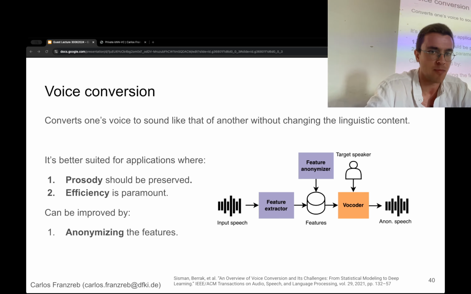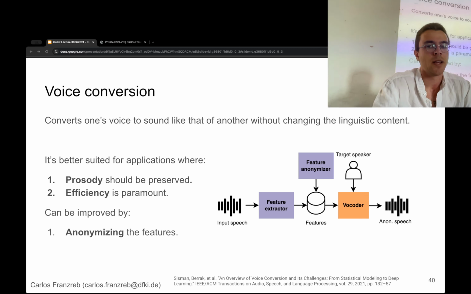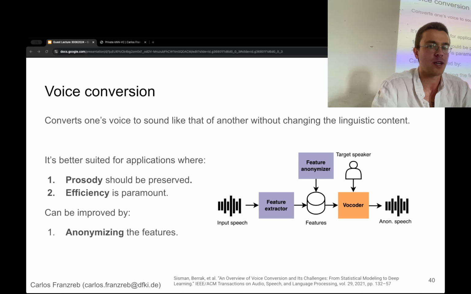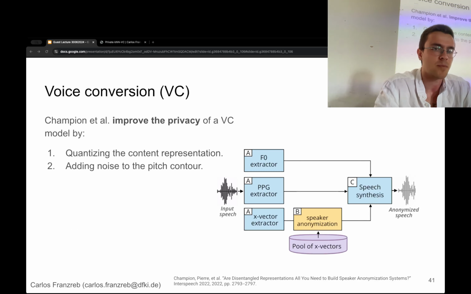Also here in the upper part, you can see you can include anonymizers for the different features that you may be extracting from the signal. And then you're also using some kind of target speaker for producing the anonymized speech in the end. An example of this system is the one from Champion et al., which improves the privacy of a voice converter in two ways.